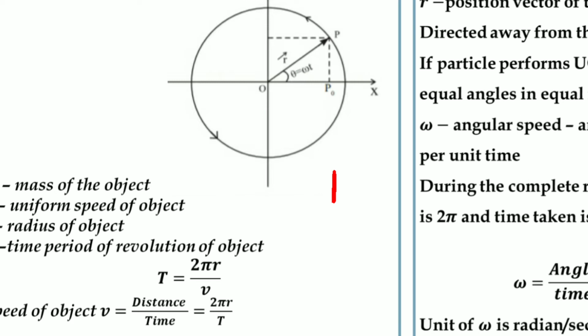Then we can write T is equal to 2 pi r divided by v. Here 2 pi r is the displacement, v is velocity, and T is time.